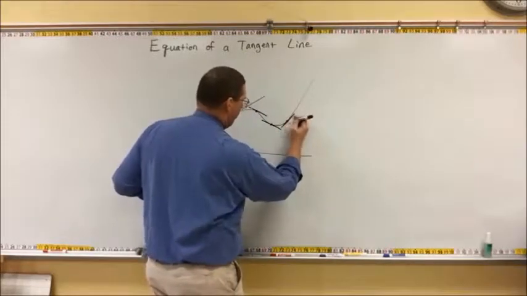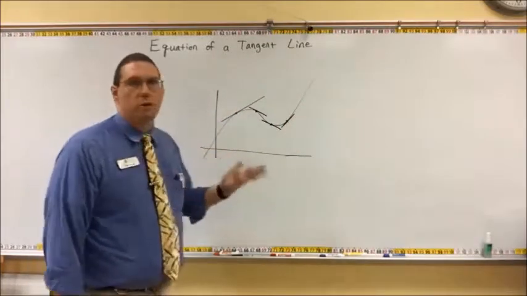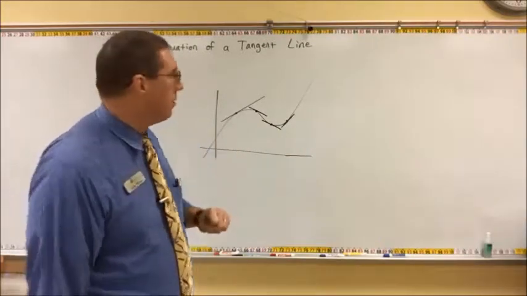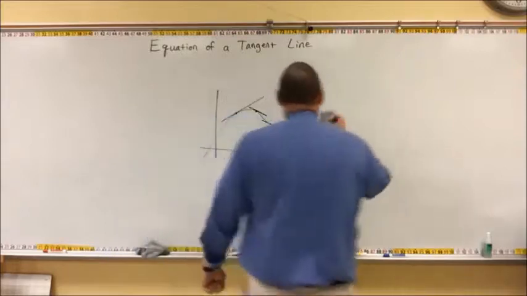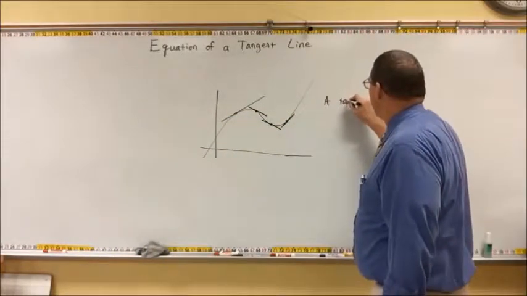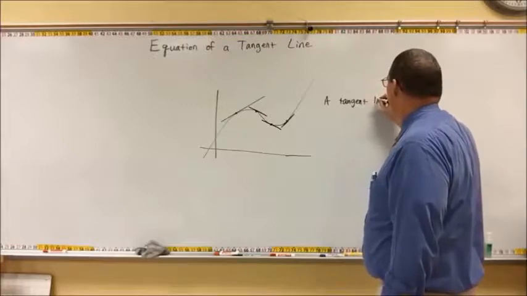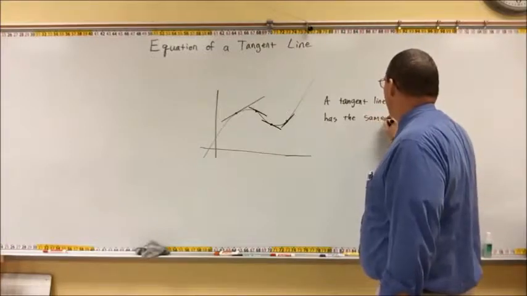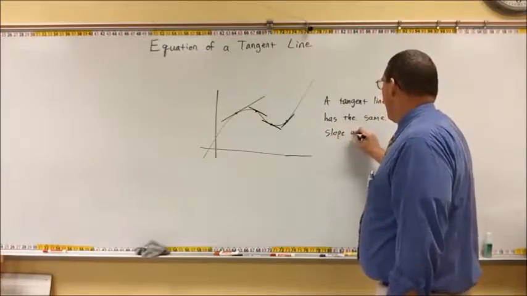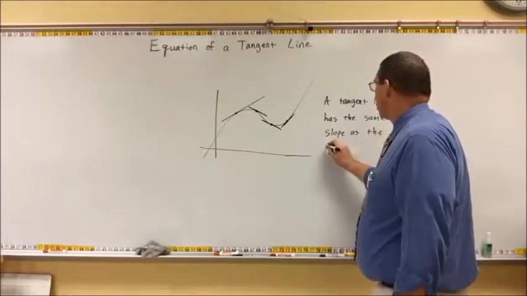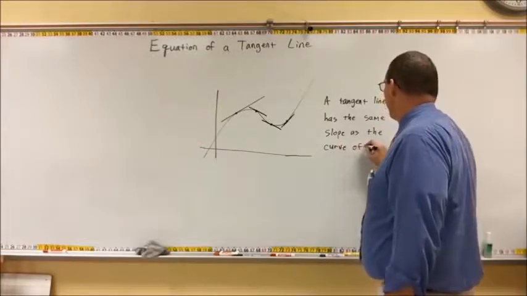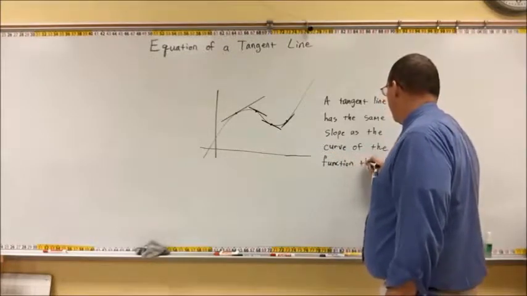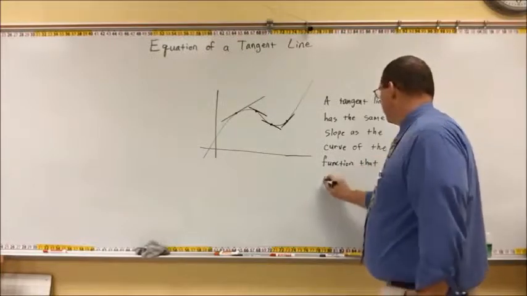Okay? And sometimes we want to know what the equation of this tangent line is. Now here's something that you need to understand in order to do that: a tangent line has the same slope as the curve of the function that it is tangent to.